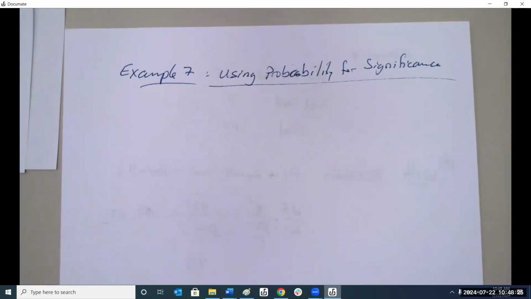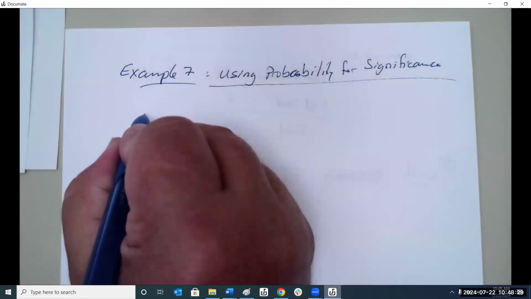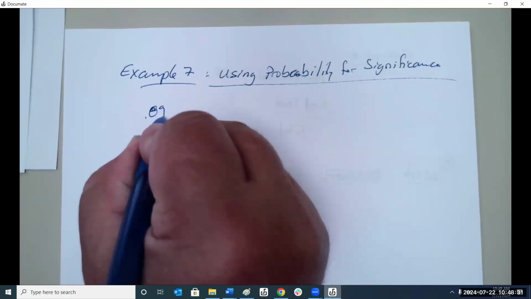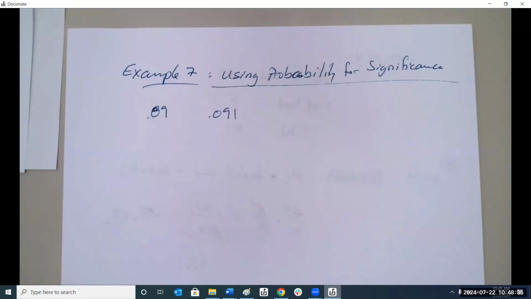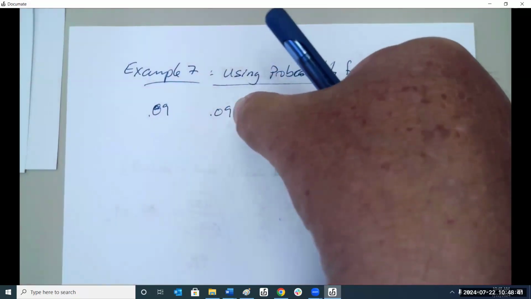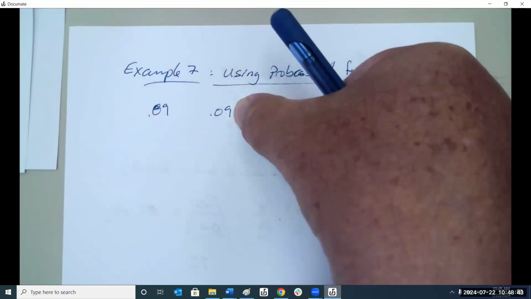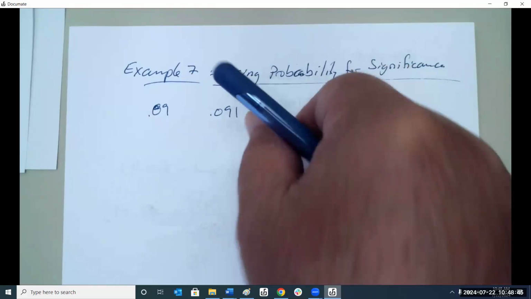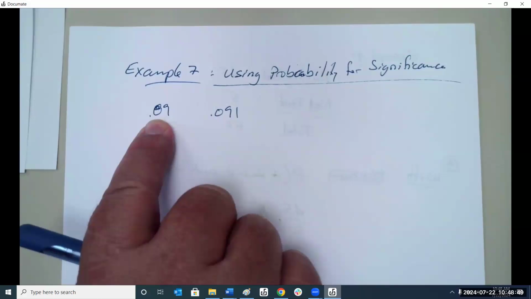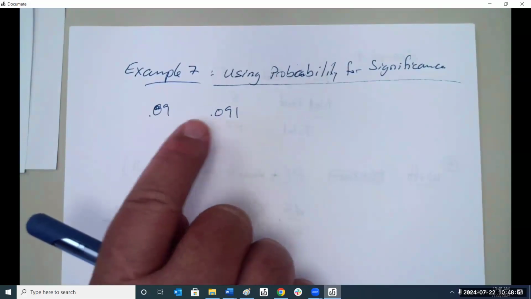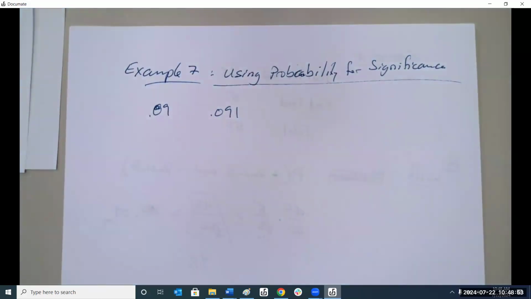It's a level of significance. Because as you saw the last one, the first one was 0.09, the second one was 0.091. So at 2 decimal places, they're both equal. But at 3 decimal places, this one's more significant because it's higher than this one. The 0.091 is higher than 0.090.